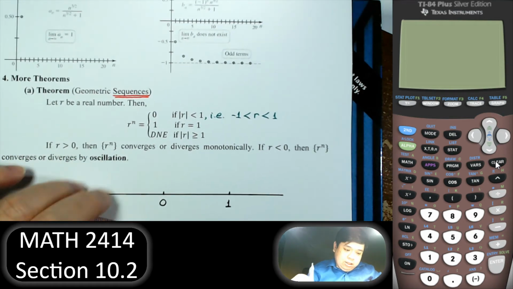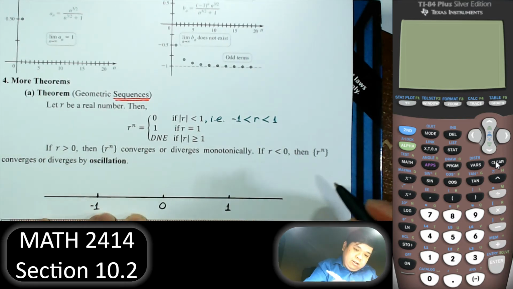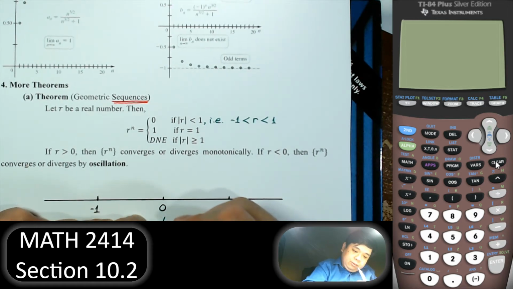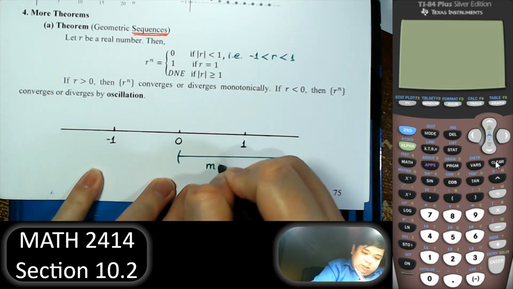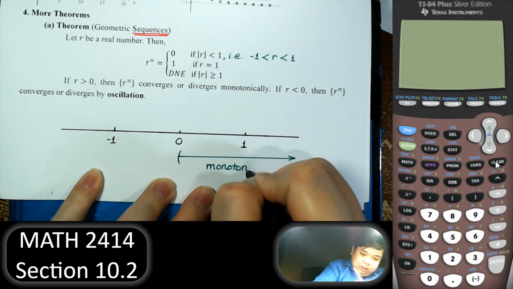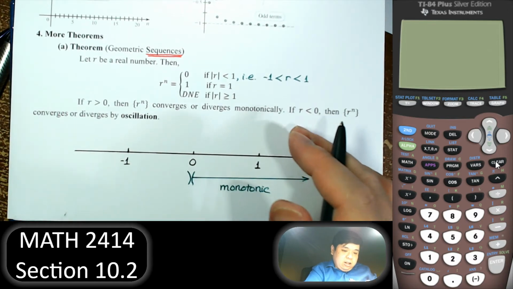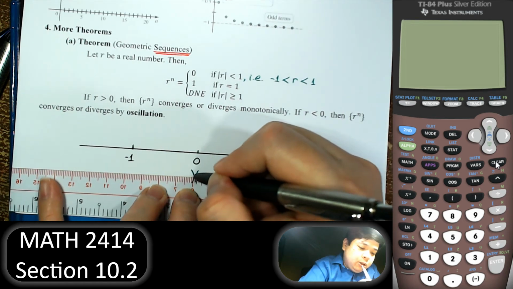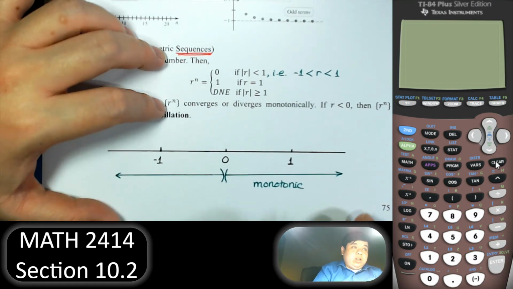So from here on, from 0 and on to infinity, this is monotonic. And anything on the other side is oscillation.